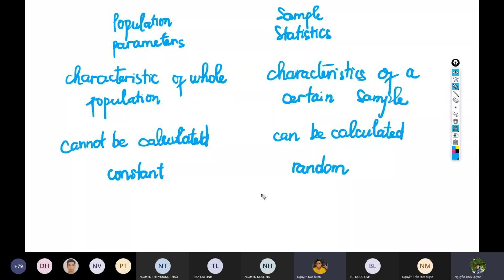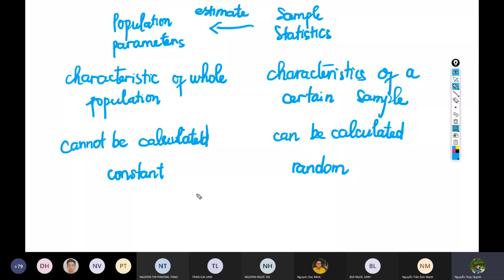We use the sample statistic to estimate the population parameter. Yes, exactly. We use the sample statistic to estimate the population parameters.